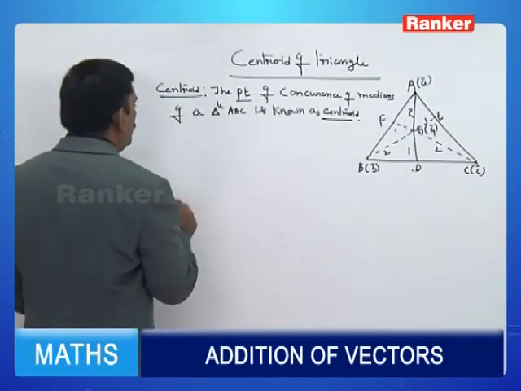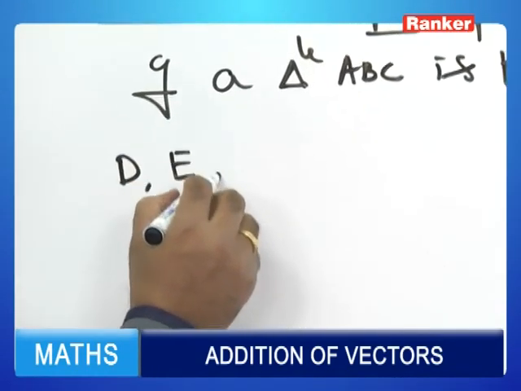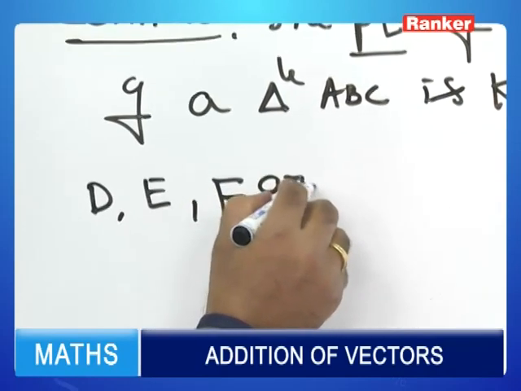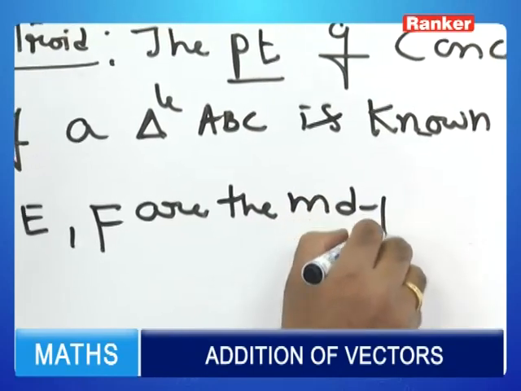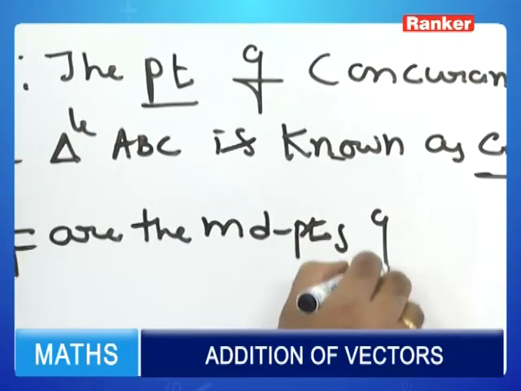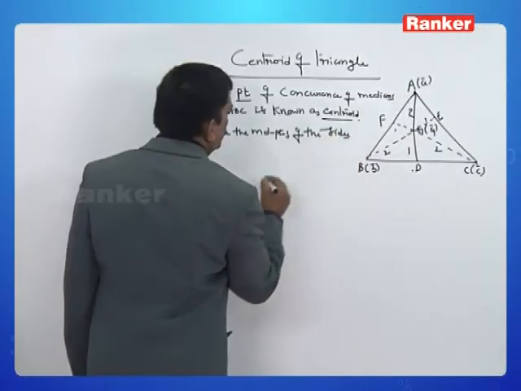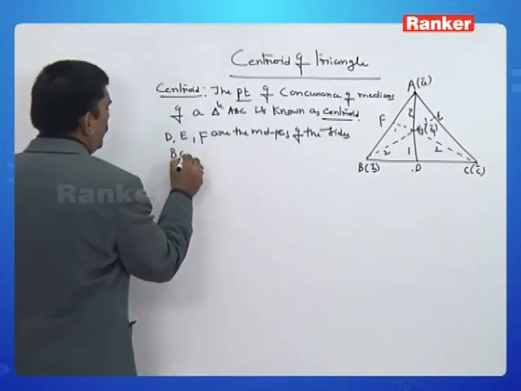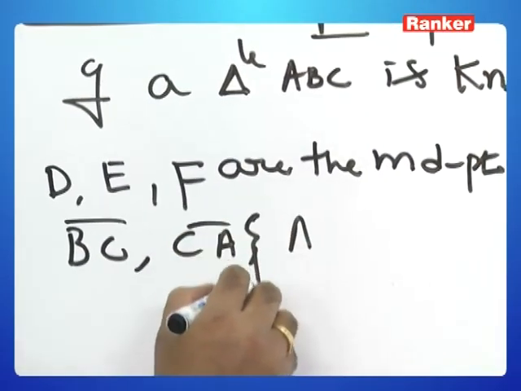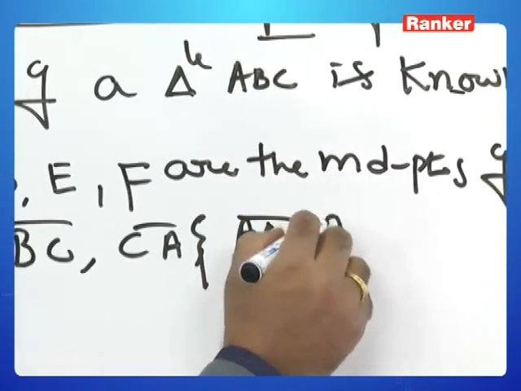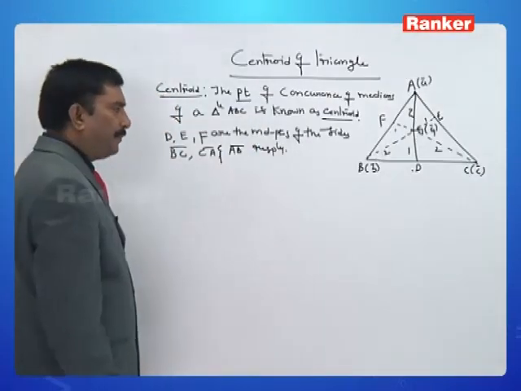Now, you can very well observe D, E, F are the midpoints of sides BC bar, CA bar and AB bar respectively.